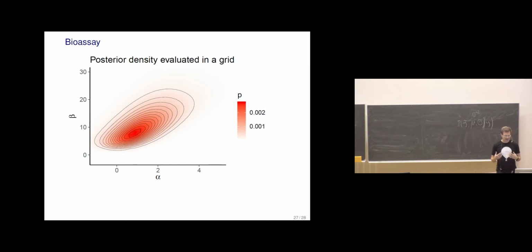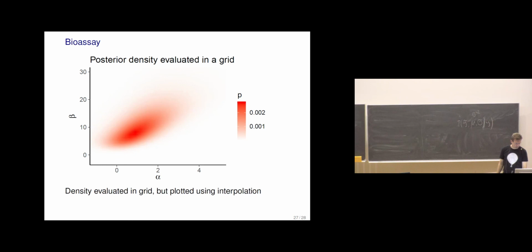And in the computer, this has been done by computing the density in many locations. Here we often plot these so that they are interpolated. We can compute them in a coarser grid and then interpolate, and here's the effect of the interpolation. So it's actually been computed in this grid.